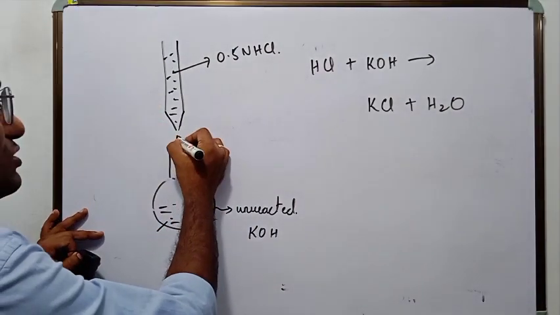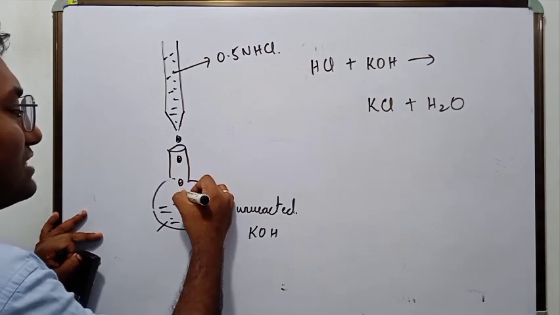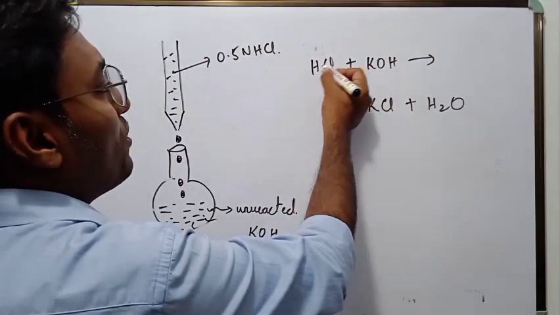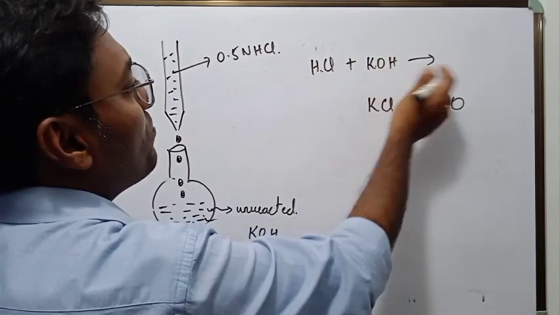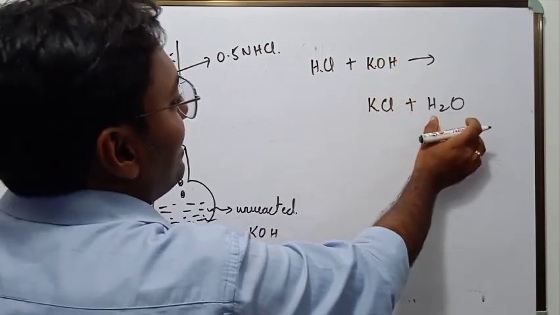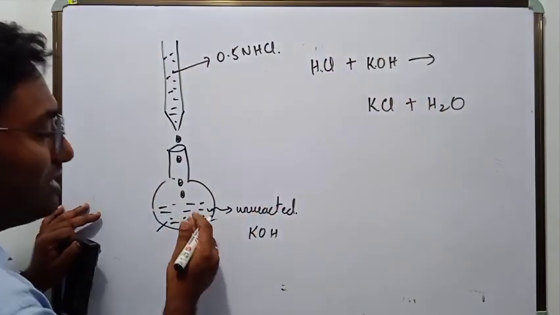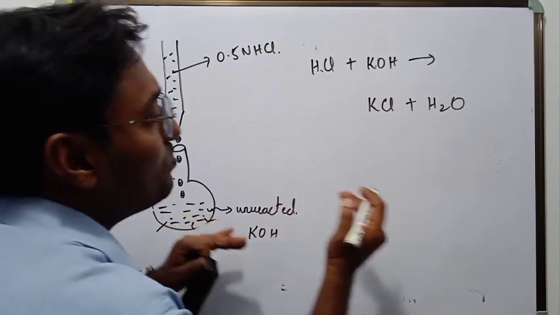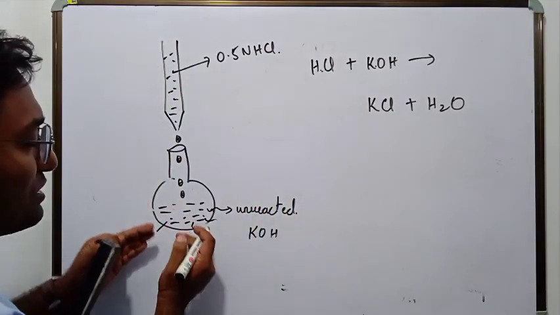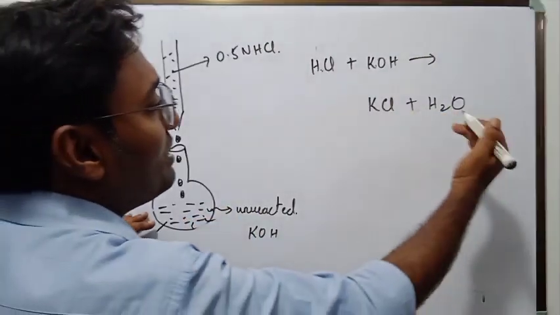As each drop of HCl falls into the RBF flask, each drop of HCl would react with KOH and produce potassium chloride and water. So slowly, drop by drop, this alkaline solution is becoming neutral.